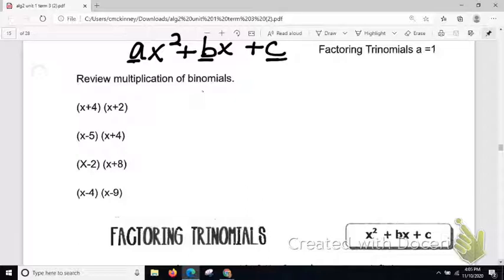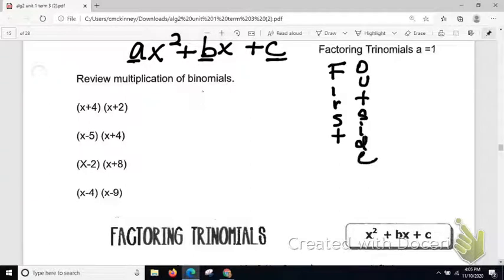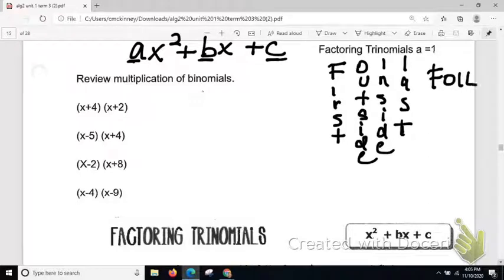and we can multiply them with that whole FOIL process, which is the first terms, the outside, insides, and last times last. That's what we mean when we say FOIL it out.